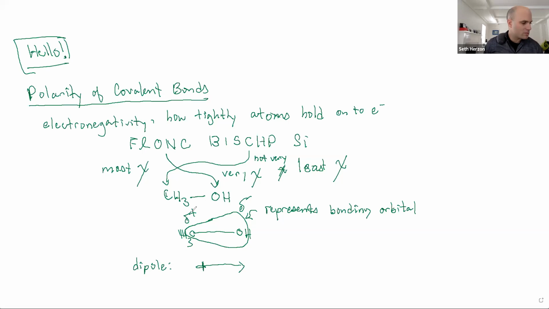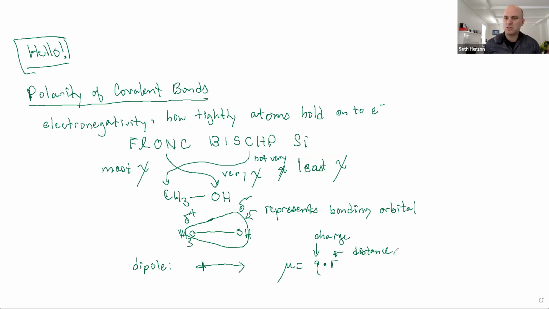There's a simple mathematical definition, which is we can describe the dipole as mu, and that is equal to Q times R, where Q is the partial charge and R is the distance.